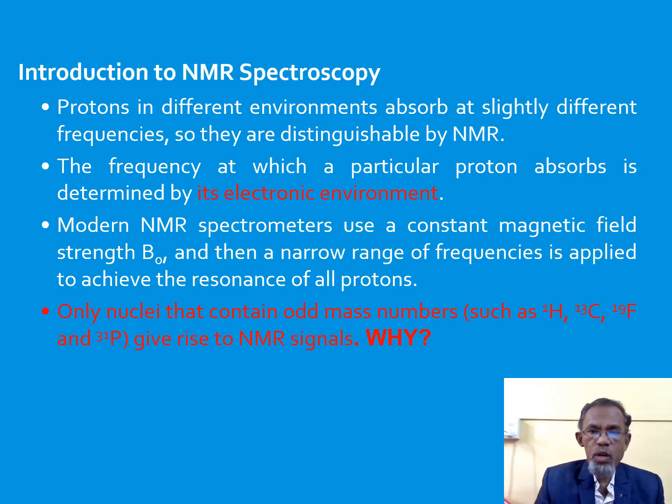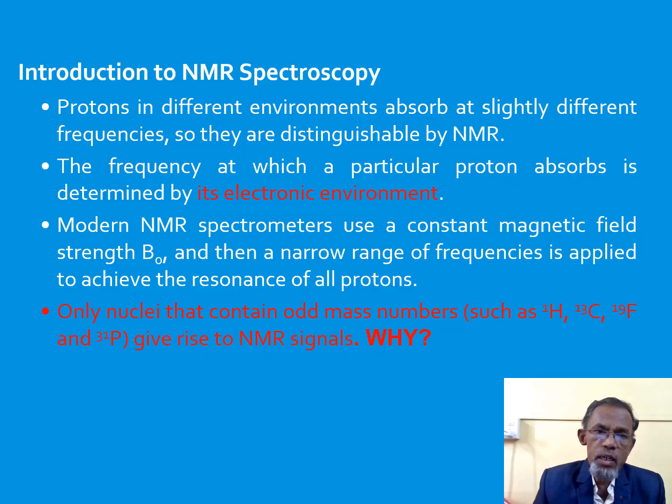Protons in different environments absorb at slightly different frequencies, so they are distinguishable by NMR. This is the most interesting point to be considered with reference to identifying the type and the number of protons present in the molecule.